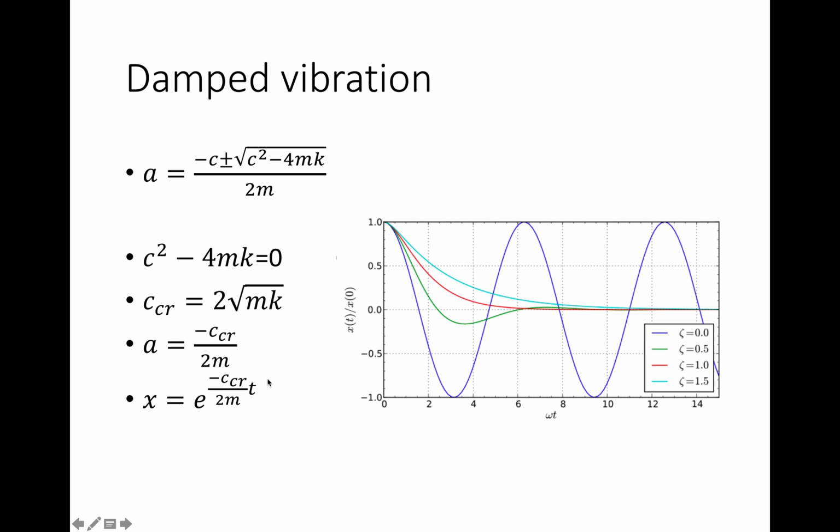So in this kind of case, you can see it like the red line in the figure. x will decrease from the initial value down to 0 slowly with increasing t, because of the minus here.